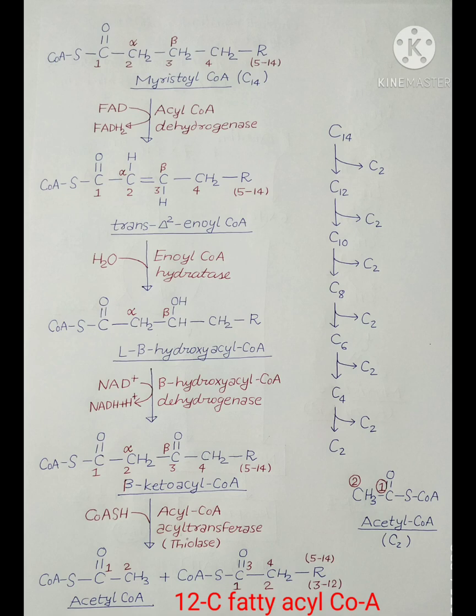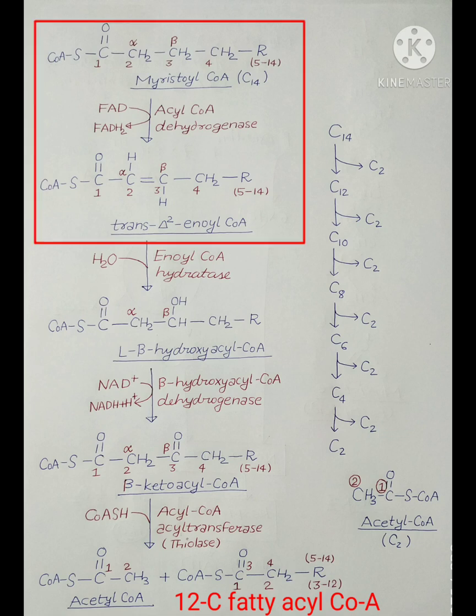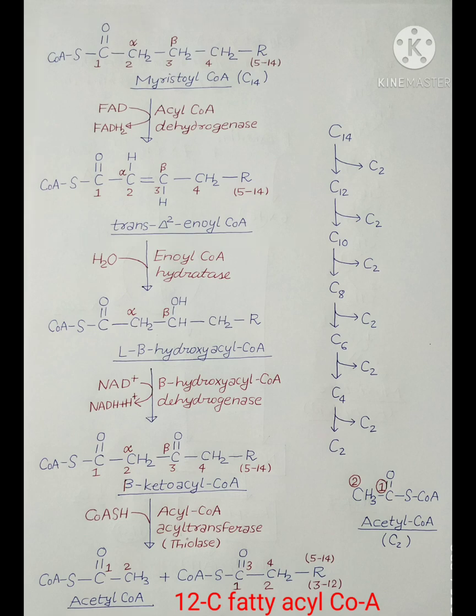First, the myristoyl coenzyme A is oxidized into trans delta 2 enoyl coenzyme A. The enzyme for this reaction is acyl coenzyme A dehydrogenase, and the electron carrier FAD accepts the electrons and hydrogen and is reduced to FADH2.